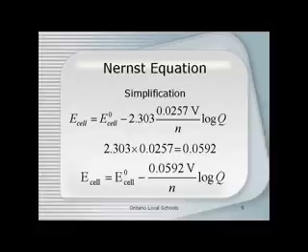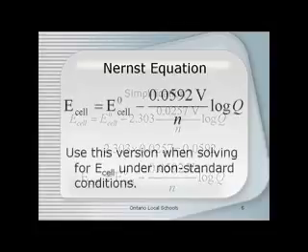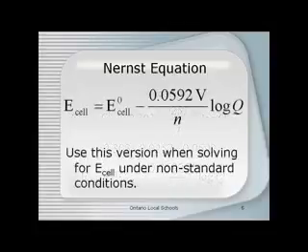So our very simplified version is E of the cell is equal to E0 of the cell, or the cell under standard conditions, minus 0.0592 volts over n times the log of Q. What we arrive at is a form of the Nernst equation that is very usable.